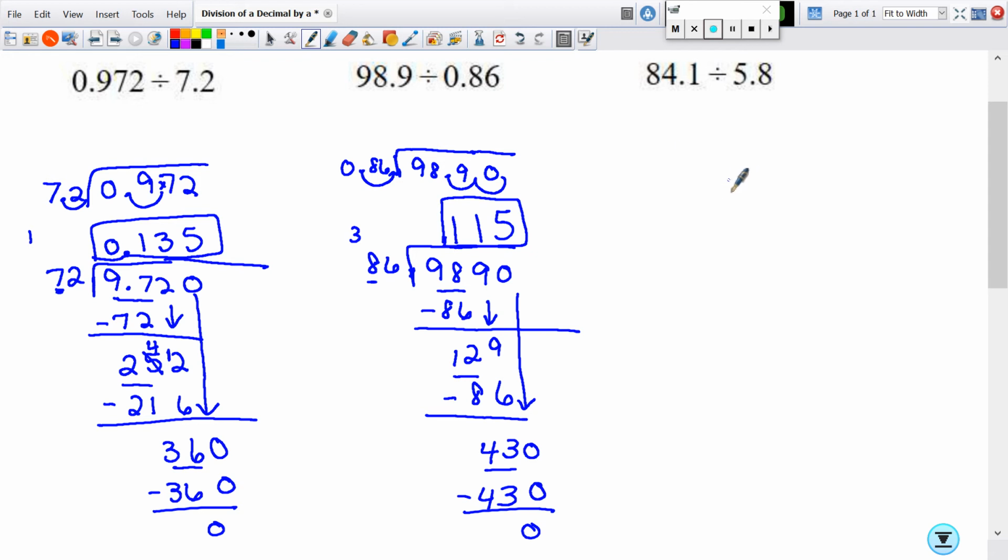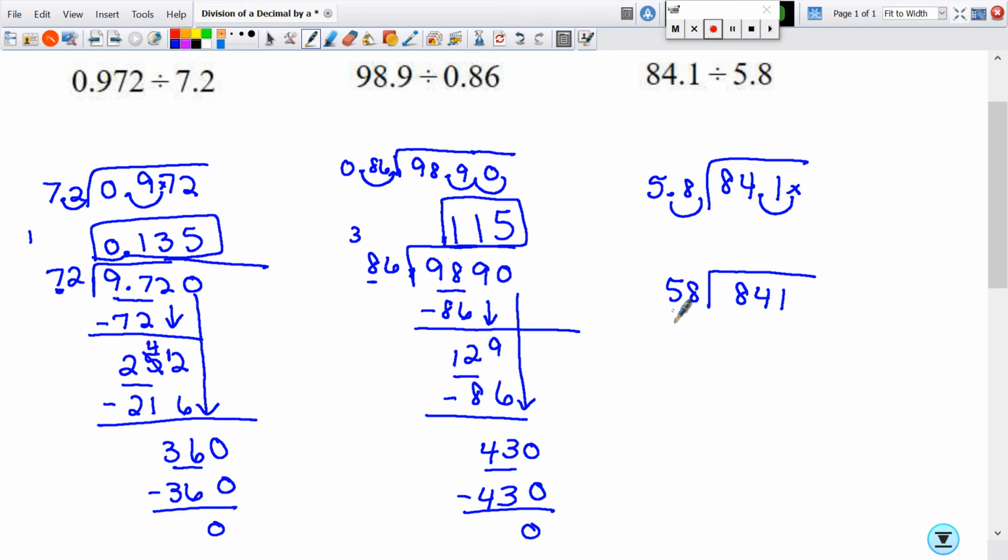So the next one, the first number goes inside, 84.1 divided by the outside, 5.8. But we want to move the decimal to the end and call it 58. So we move that decimal to the right one spot, so go and move your next decimal to the right inside one spot. And it's at the end again, so I'm just going to call this 841.